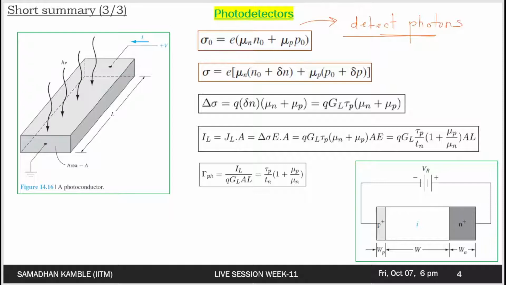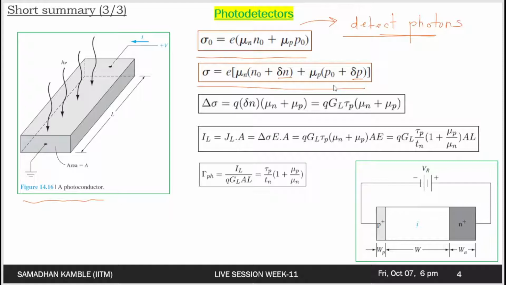So let us consider first the photoconductor. This figure shows a bar of a semiconductor material with ohmic contacts at each end, and a voltage is applied between the terminals. The initial thermal equilibrium conductivity is given by this particular relationship, and if excess carriers are generated in the semiconductor, the conductivity then becomes equation number 2 in this slide, where delta n and delta p are the excess electron and hole concentrations respectively.